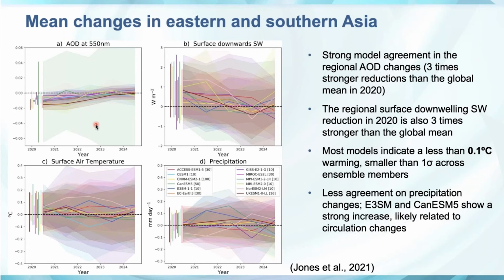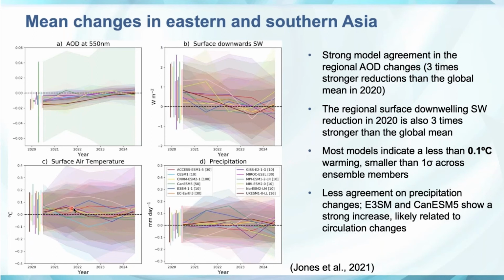And the magnitude is almost 3 times stronger than the global mean. And if you look at the surface downwelling shortwave, the regional warming is also about 3 times stronger. Looking at the surface air temperature over Asia, the model ensemble does indicate a small warming.